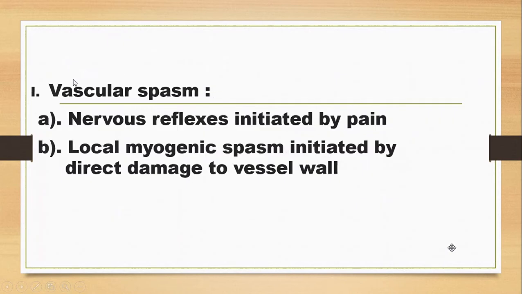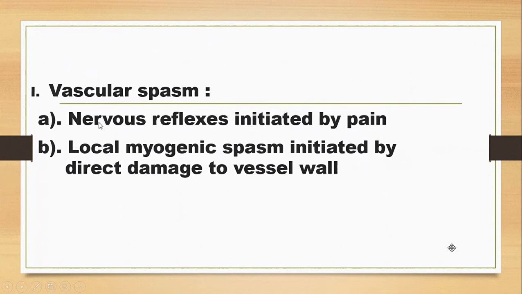What brought about the vascular spasm? First, nervous reflexes initiated by the pain, because when you have a cut in your skin, even if you went to the manicurist and she accidentally nipped your skin and it bled, it's painful.